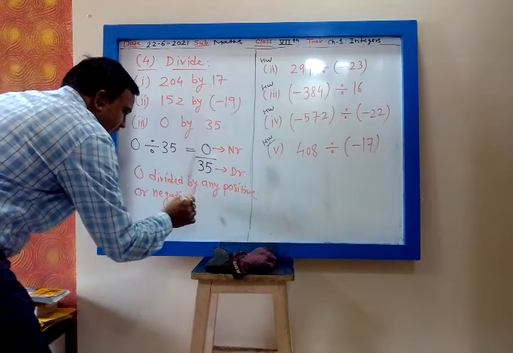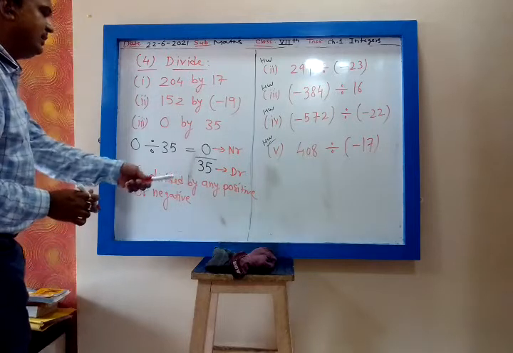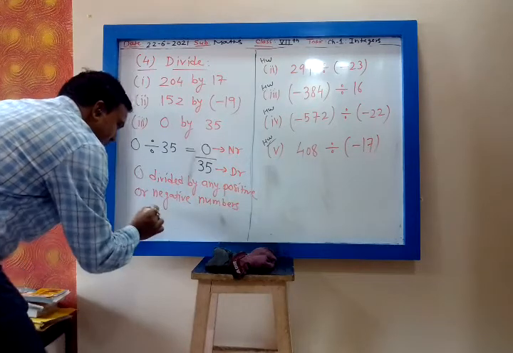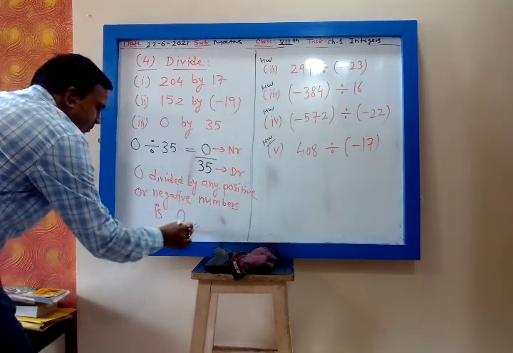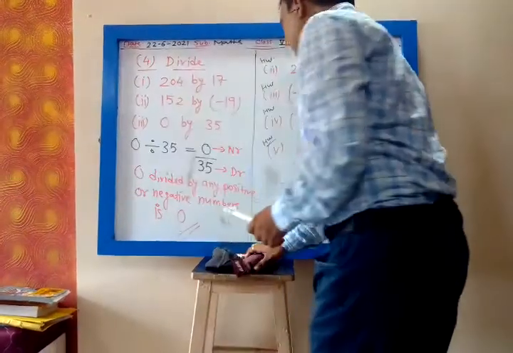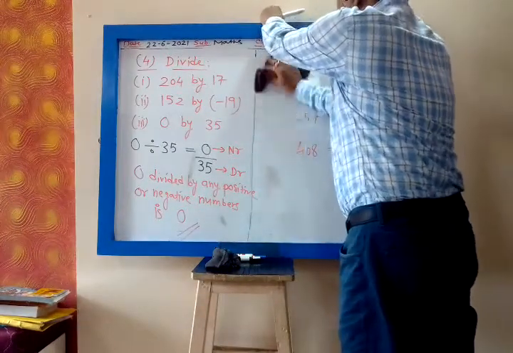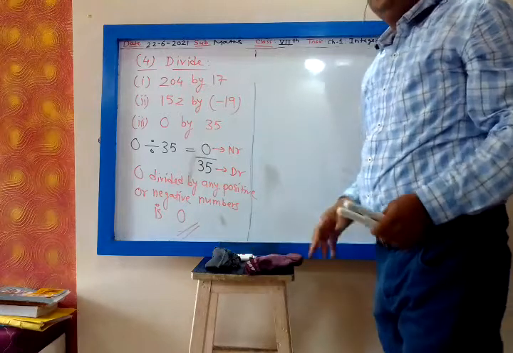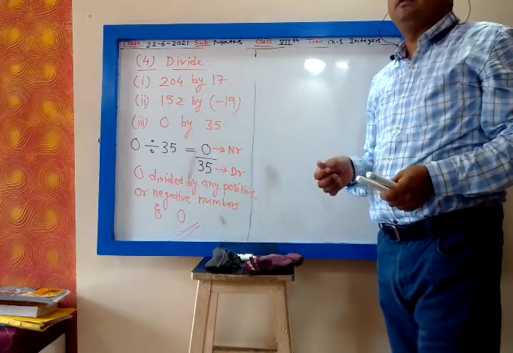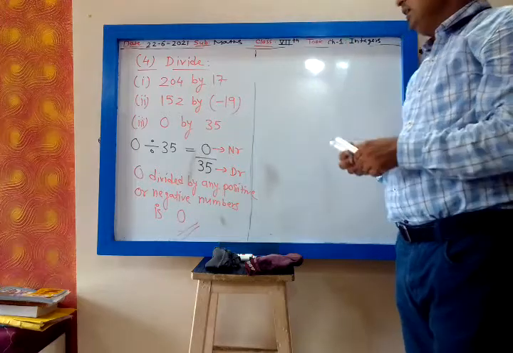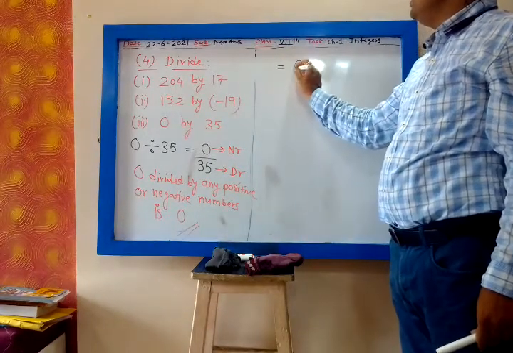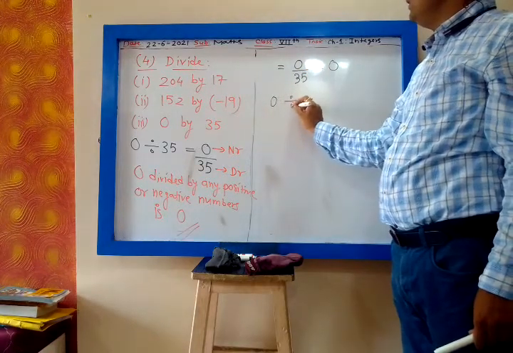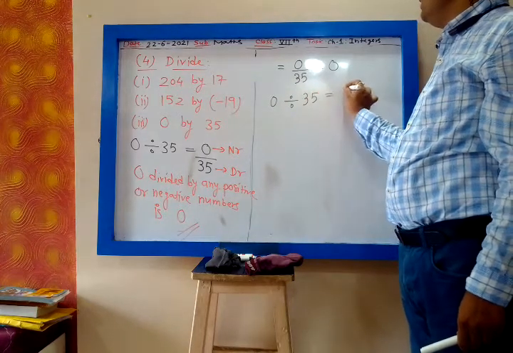Whether the number is positive or negative, 0 divided by it is 0. So 0 upon 35 will be 0. I am not talking about the denominator. The denominator can be a positive or negative number, but if the numerator is 0, it will be 0. So 0 divided by 35, the answer is 0.